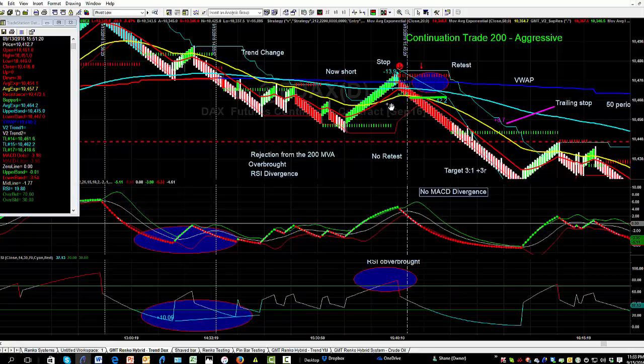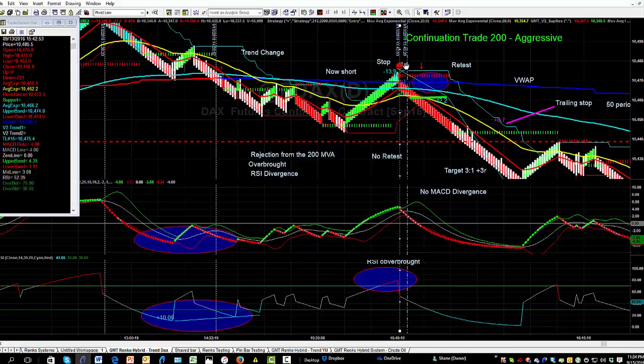There are two ways we can get into this trade. We can either close below the 50 period moving average, which is our yellow moving average, or we can take the first pivot turn bar, which is there, and that would be our entry.